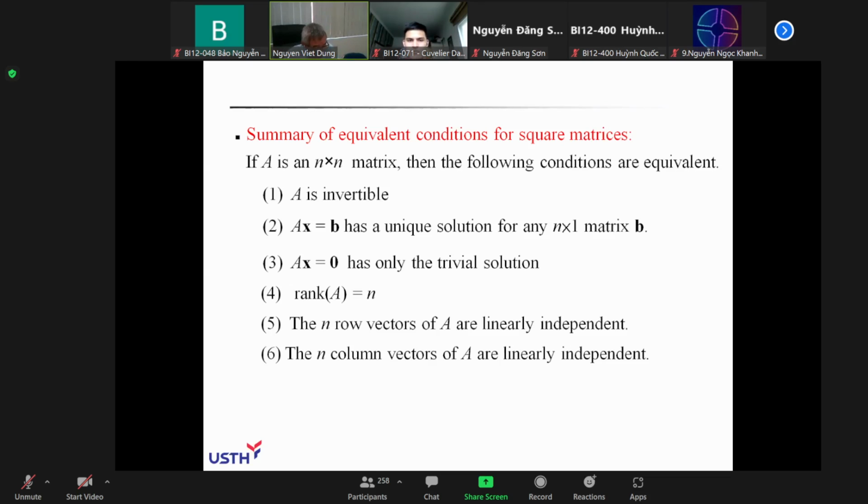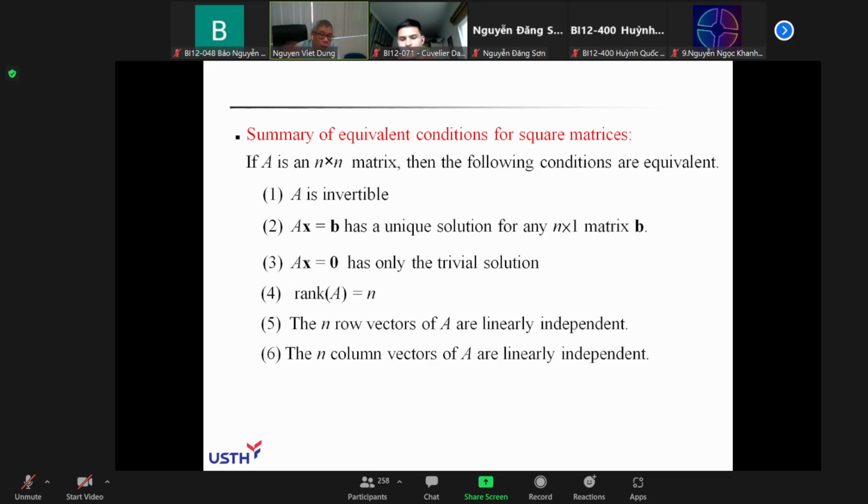And just before your class, some of my students reminded me that we have one more claim equivalent to those 6 claims. That is, A has non-zero determinant, because we know already that A is invertible if and only if the determinant of A is non-zero.